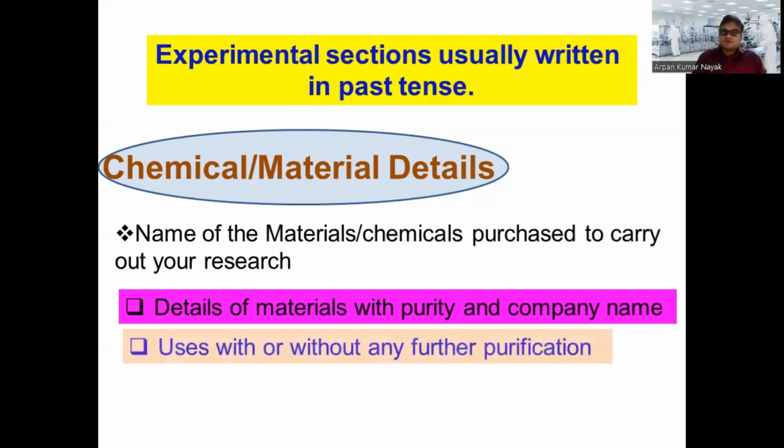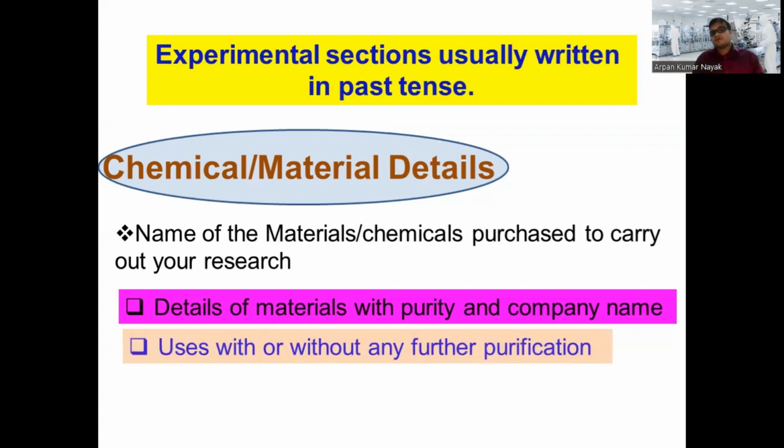Next, we have to write the company name, and you have to give the purity. When you are using those chemicals or materials directly, with no further purification, you have to declare it.